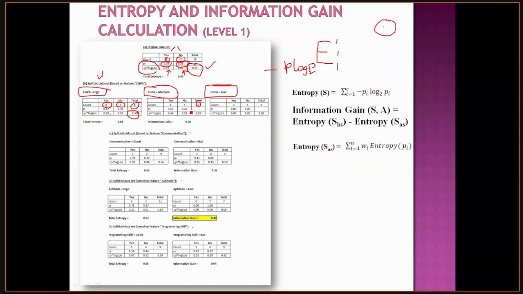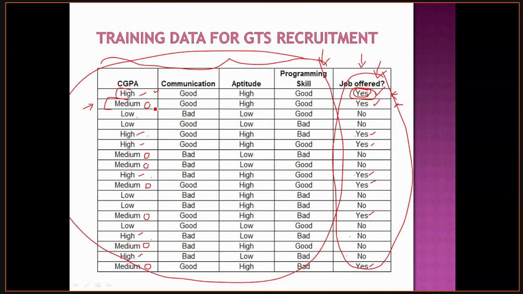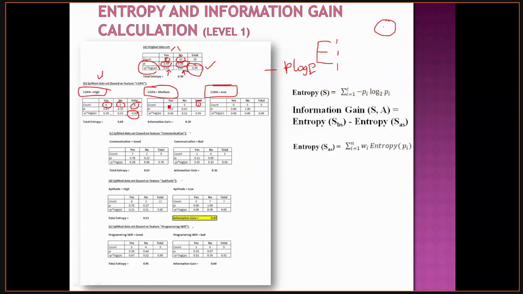And for each of them, we have to see how many yes and no. So yes 1, medium, this is no, medium, this is no, medium yes 2, medium yes 3, medium no, medium yes 4. So 4 yes, and obviously there will be 3 no's.